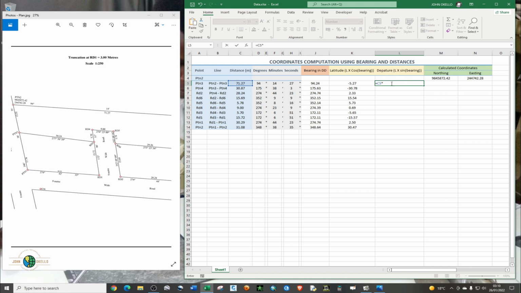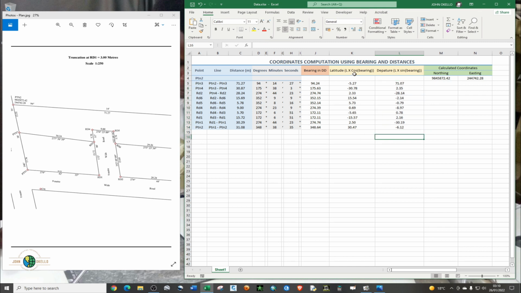You multiply that by sine, and then you convert the bearing first of all to radians, and the bearing that we want to convert to radians is this one, in decimal degrees. Then you properly close your formula and hit enter. There you have your change in easting. Just double click to autocomplete for all the other lines.